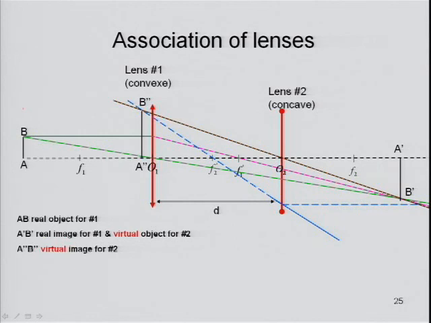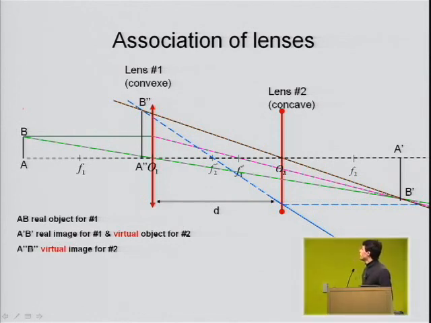And building the thing, it turns out that the image A double prime B double prime of this virtual object is also virtual. So from the lens number 2 point of view, it's completely counterintuitive because my object is on the right side of the lens, but my image is on the left side of the lens, whereas the light is coming from the left to the right.